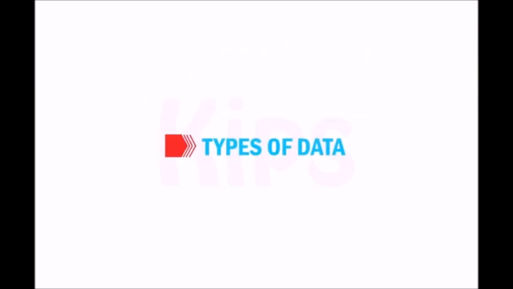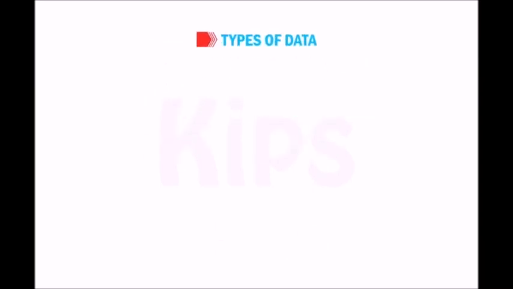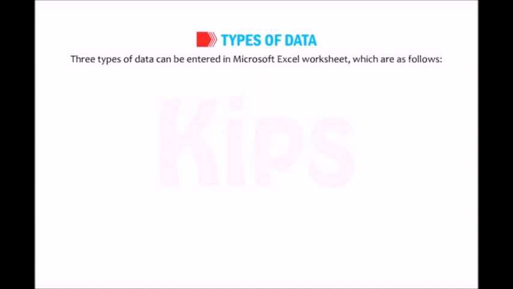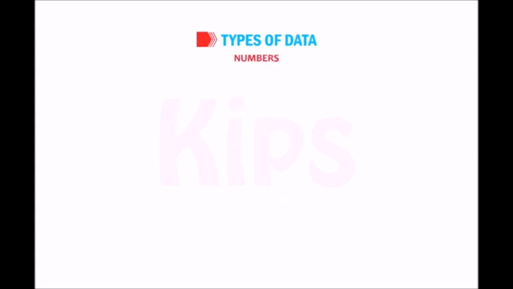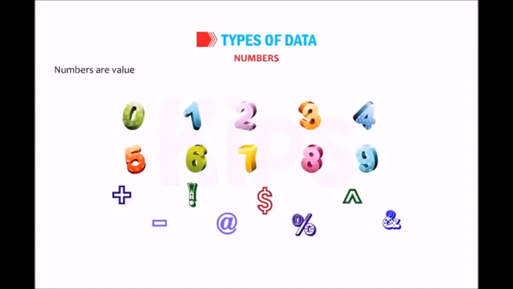Now next topic is types of data. Three types of data can be entered in Microsoft Excel worksheet, which are as follows: numbers, text and formulae. Numbers. Numbers are values that consist of numbers from 0 to 9 and the characters.